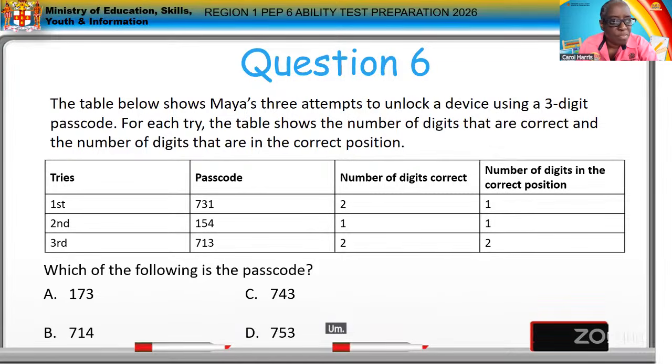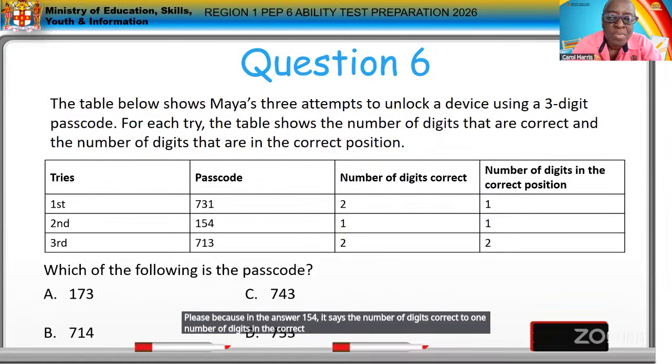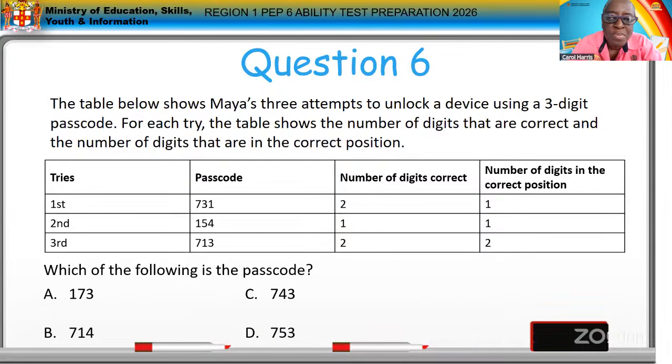The answer is D, 753. Could you tell us why? Miss, because in the answer 154, it says the number of digits correct is 1, number of digits in the correct position, and it said 5.